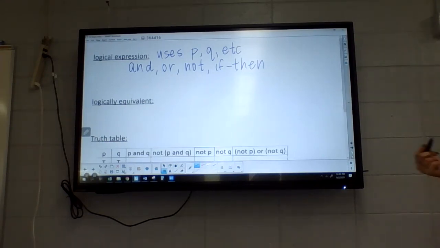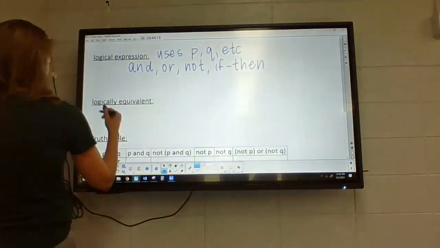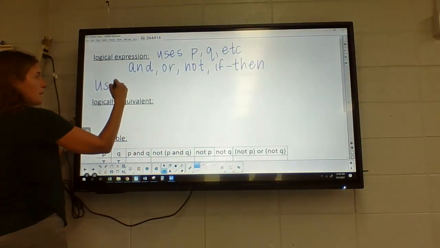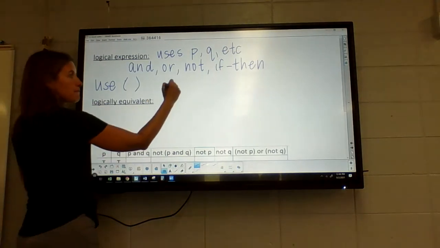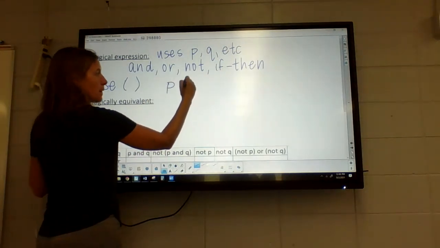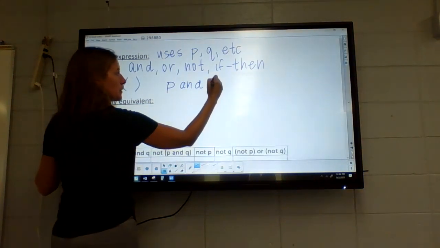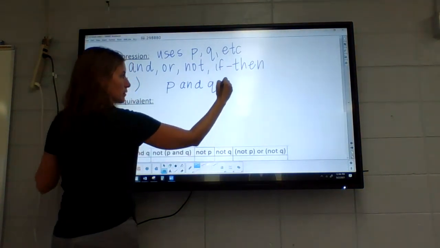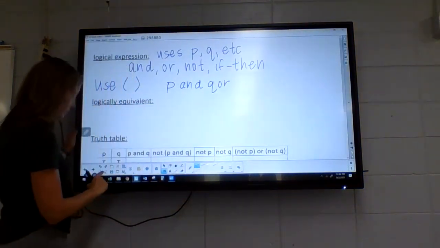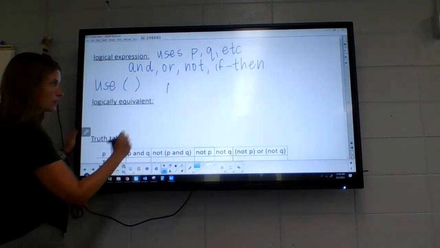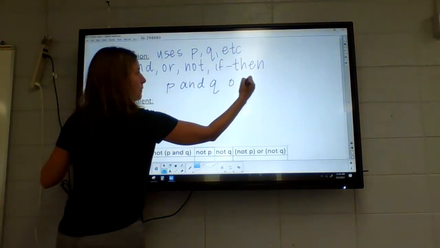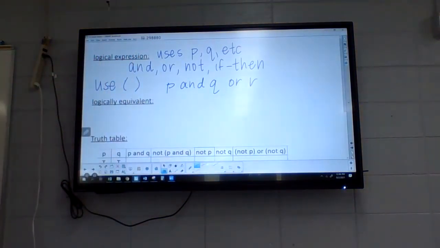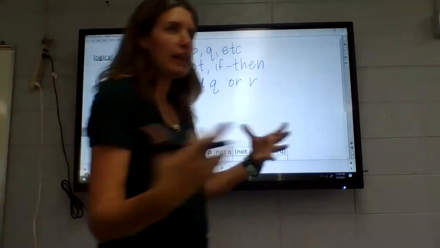You can also use parentheses to show which you want to combine. Let me show you guys what I mean. If I say P and Q or R, what's going on with all that?